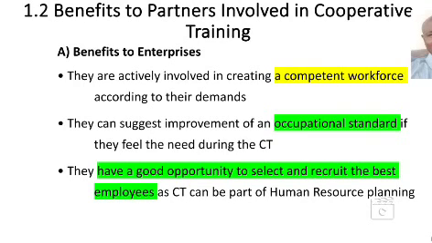That means enterprises have a good opportunity to select and recruit the best employees; cooperative training can be part of human resource planning. When industries participate in cooperative training, they have the opportunity to select and recruit the best employees.